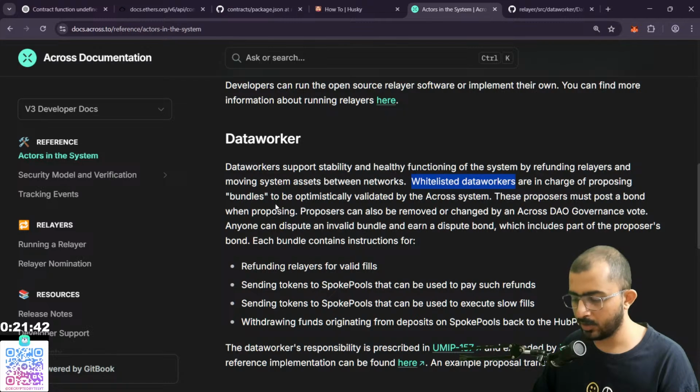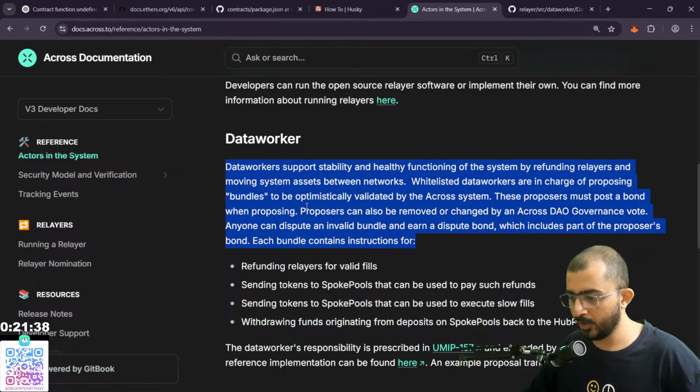In charge of proposing bundles to be optimistically validated by the Across system. These proposers must post a bond when proposing. Proposers can also be removed or changed by an Across DAO governance vote. Anyone can dispute an invalid bundle and earn a dispute bond, which includes part of the proposer's bond.